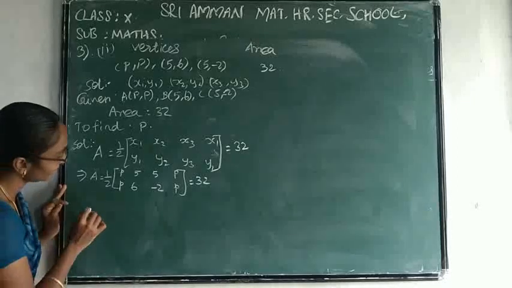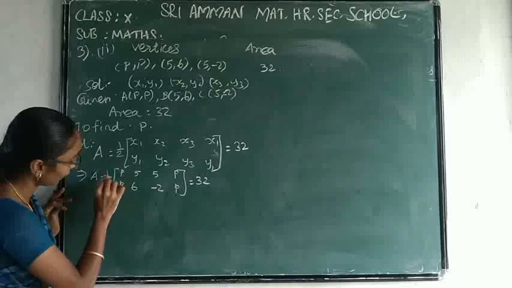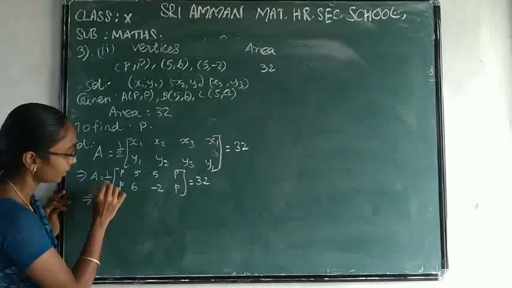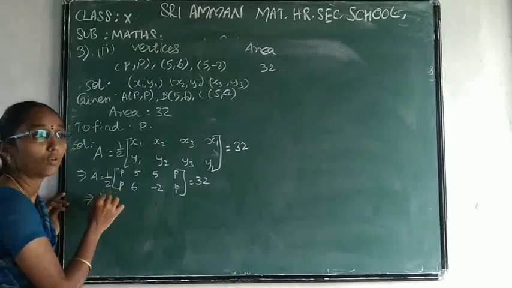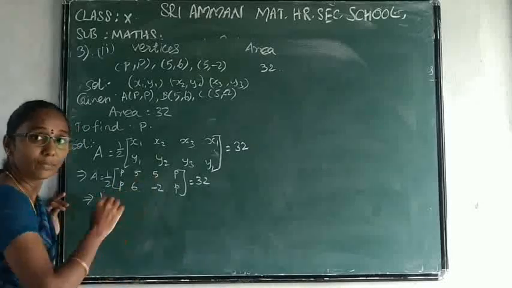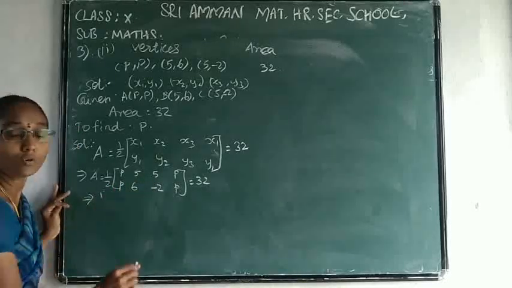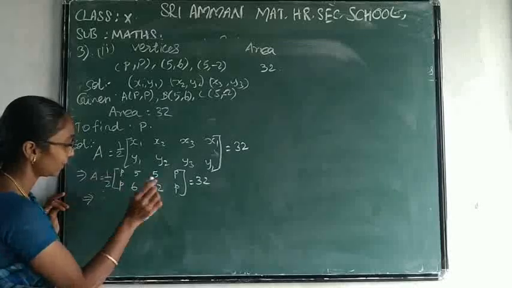Then this half goes to the right hand side, and we multiply. So 2 into 32 is 64.